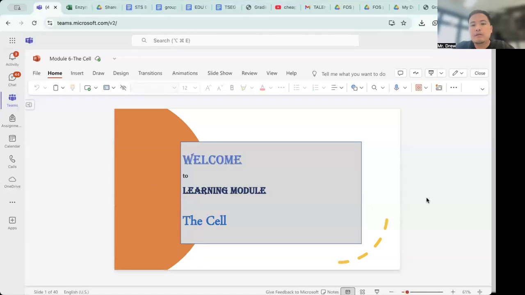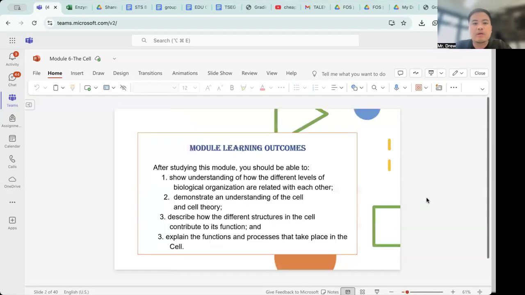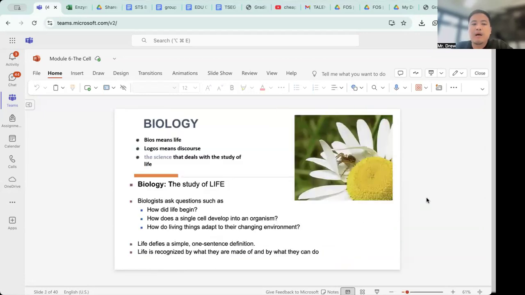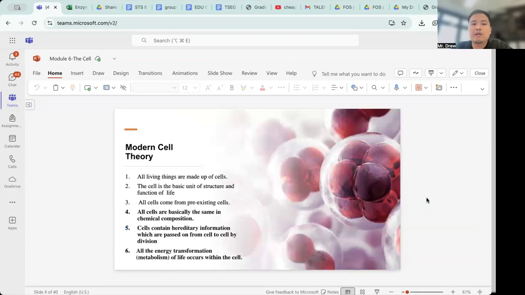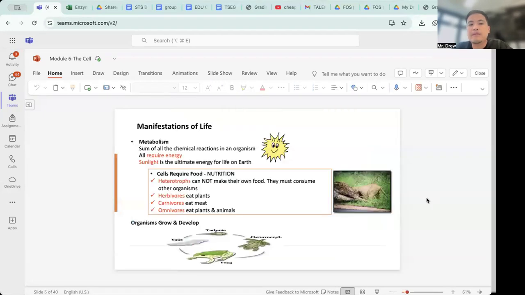Hello, good afternoon. So we started learning about the cell. We covered, so these are the learning outcomes for this module. We learned about biology, the modern cell theory, and then the manifestations of life.